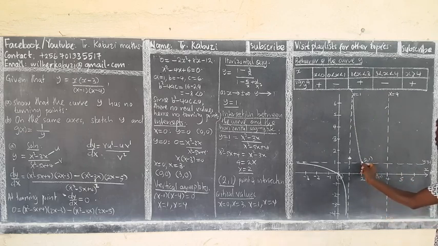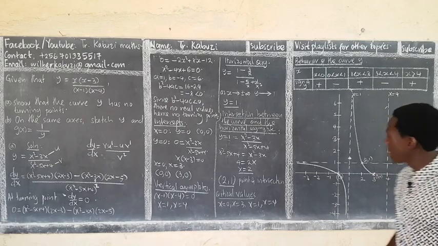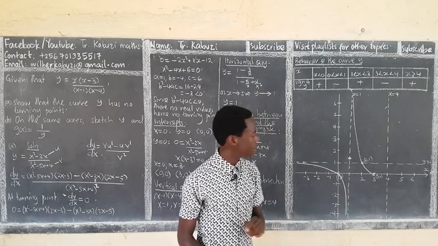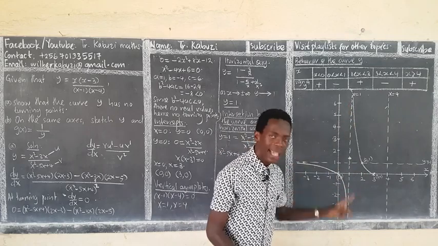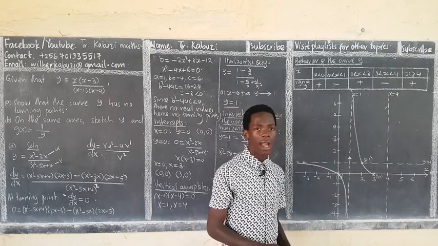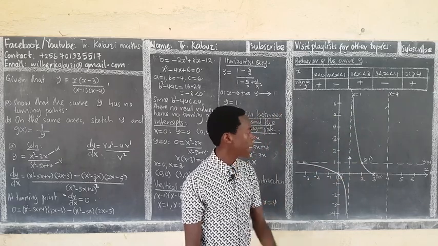Then it also has an intercept there. We said a curve can cross a horizontal asymptote but once, but the curve can never touch a vertical asymptote. That's why you see here my curve is crossing a horizontal asymptote.